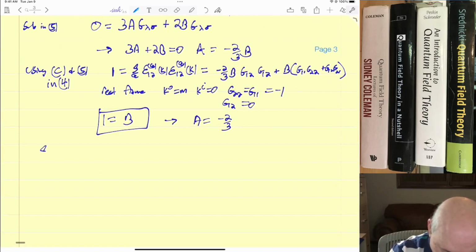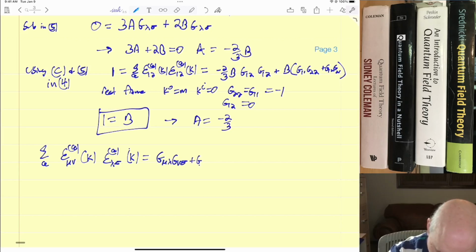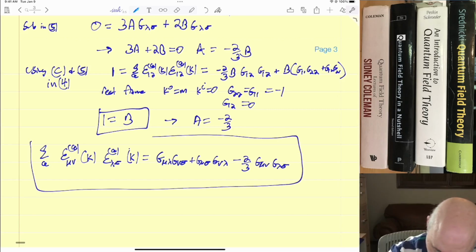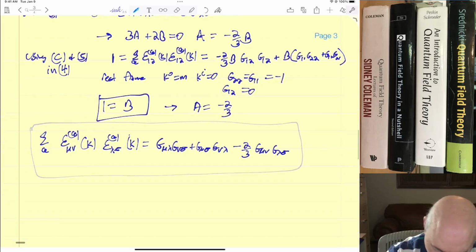So our polarization sum in the propagator... okay, good.